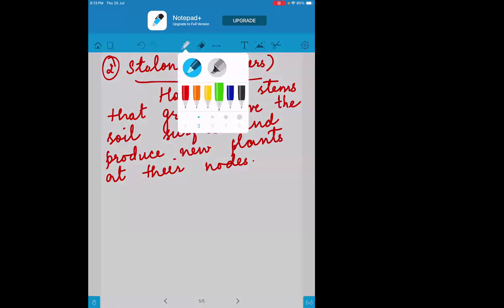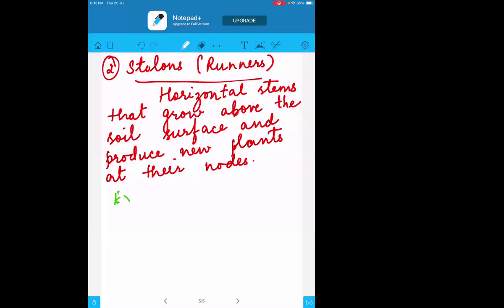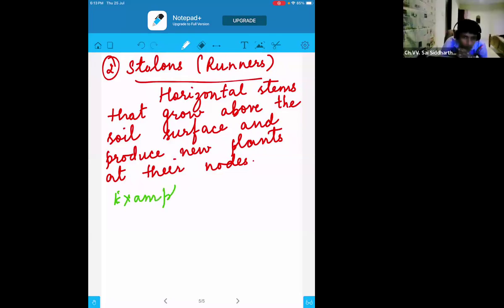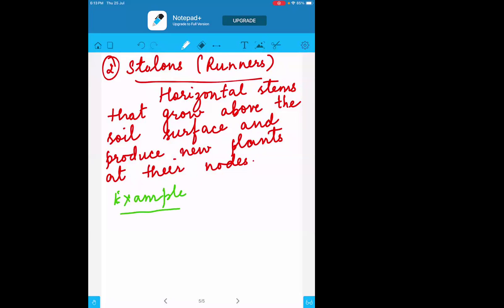Now, any example, any one of you tell me? Potato stem grows horizontally? No. Carrot? No. So basically, I think strawberry. You might have heard the word strawberry. Strawberry plants have the horizontal stem and their stem grows above the soil.